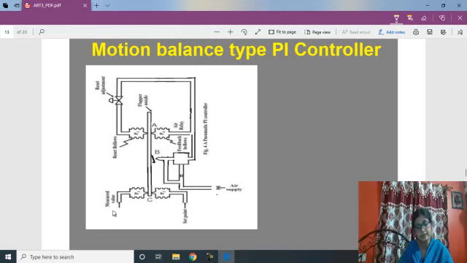Then when the measured value exceeds the set value, what will happen? The lower point C will move towards the right, and at that point A acts as a pivot. Why?